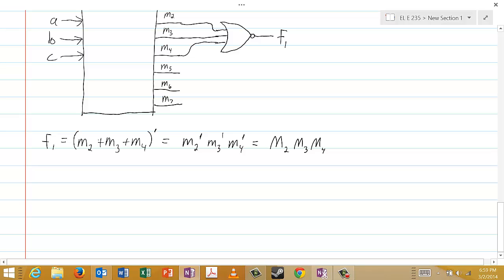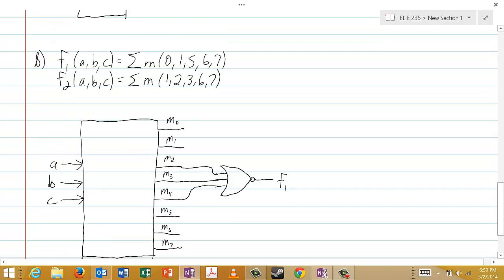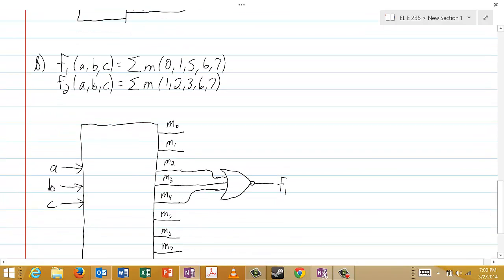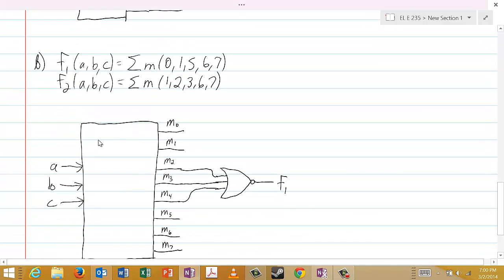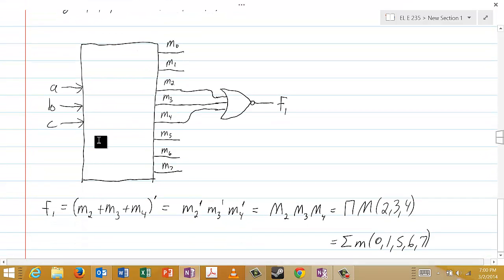So in other words, what we have just verified is that this is the same as this, but that is the same as this, which is in fact the F1 that we want up here in part A. This matches this.